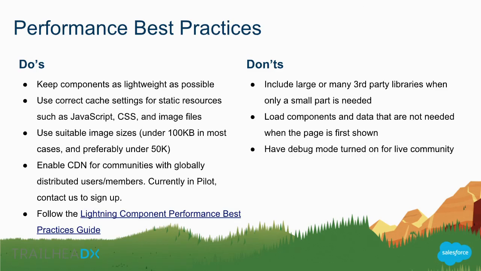The next thing is very important: set your cache settings for your static resources correctly. A lot of times components need to include CSS, JavaScript, images, those kinds of static resources. But a lot of times, people forget to set the correct cache settings.